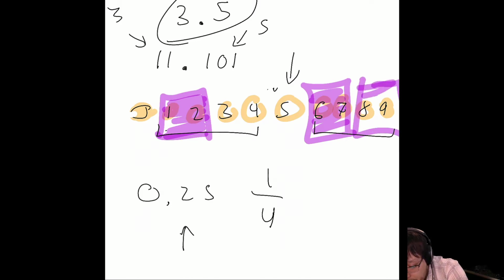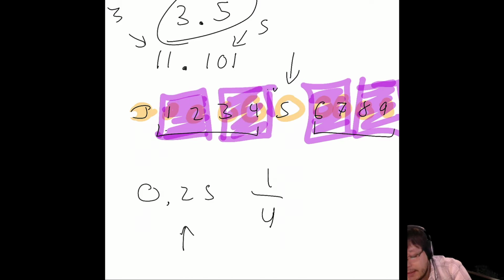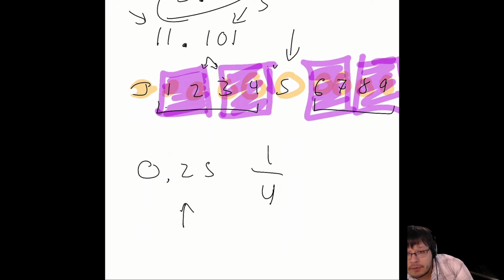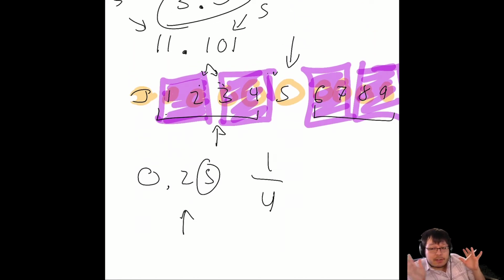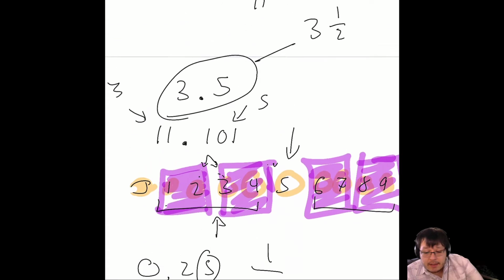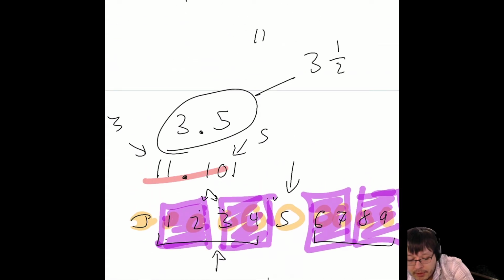But you can kind of think of it like that, okay? Again, the 5 is right in the middle, so it's in between the 2 and the 3. And because it's in between, to get a quarter of the way, we need to represent that as halfway. So we use the second significant digit to the right to do that. That's why we put a 5 there, because it's halfway between the distance of 2 to 3 within its own range. This is weird to think about, but that's actually how it works in decimal. And because of that, this is not the right way to convert it into binary.